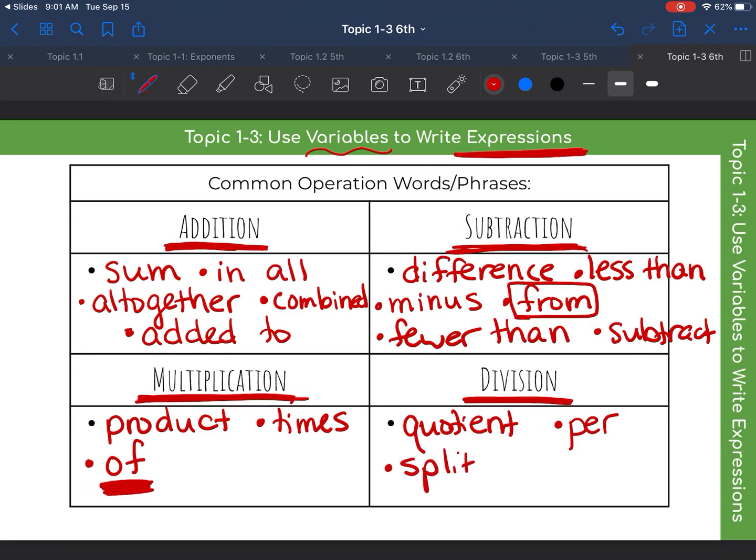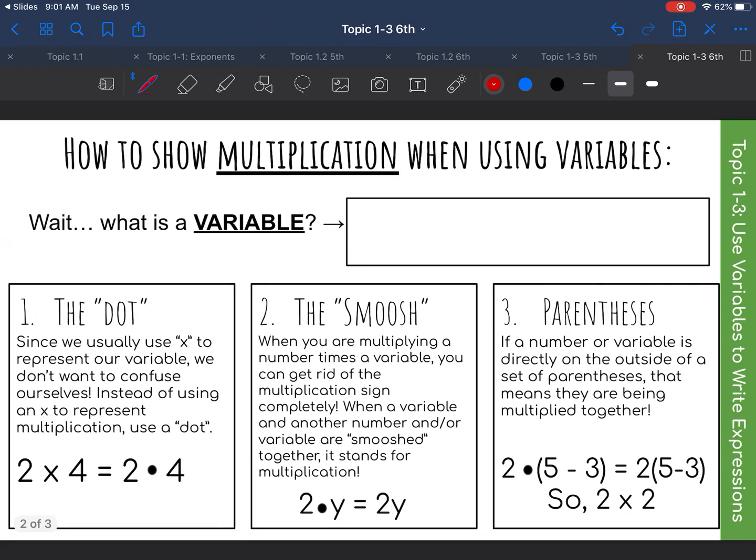Let's split the bill. We want to split it evenly. Well, you're dividing whatever the bill is by how many people you have in order to see what each person is paying. So it's really important to know all of these words and phrases that represent addition, subtraction, multiplication, and division for the lesson that we're going to be doing today. So let's go to the next slide.